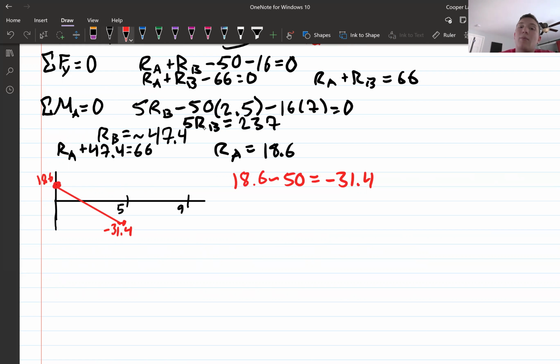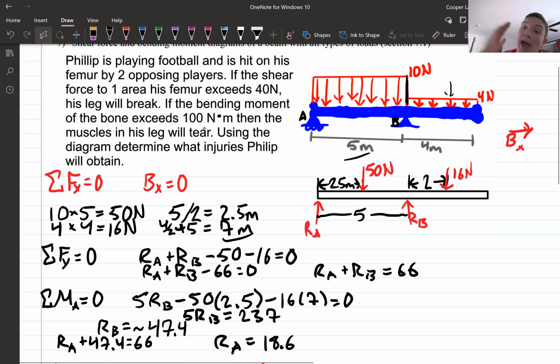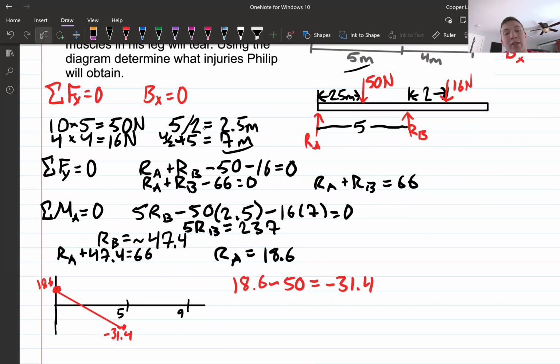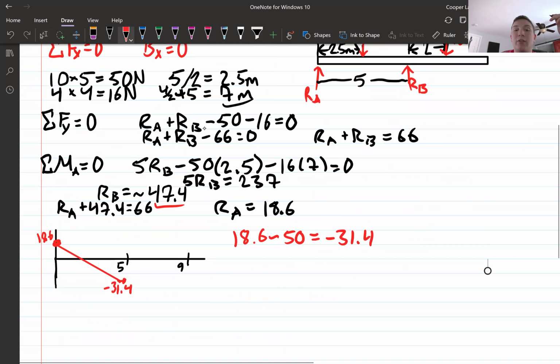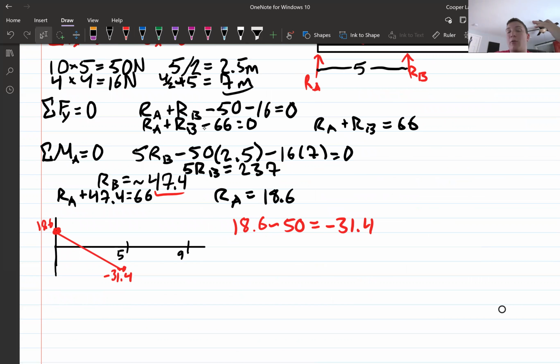Now, looking back, at 5 we also have our reaction force B, which we figured out before to be 47.4, back up here. So what we're going to do is add our force. Now keep in mind, this isn't a distributed load anymore. It's a force coming from a singular point.